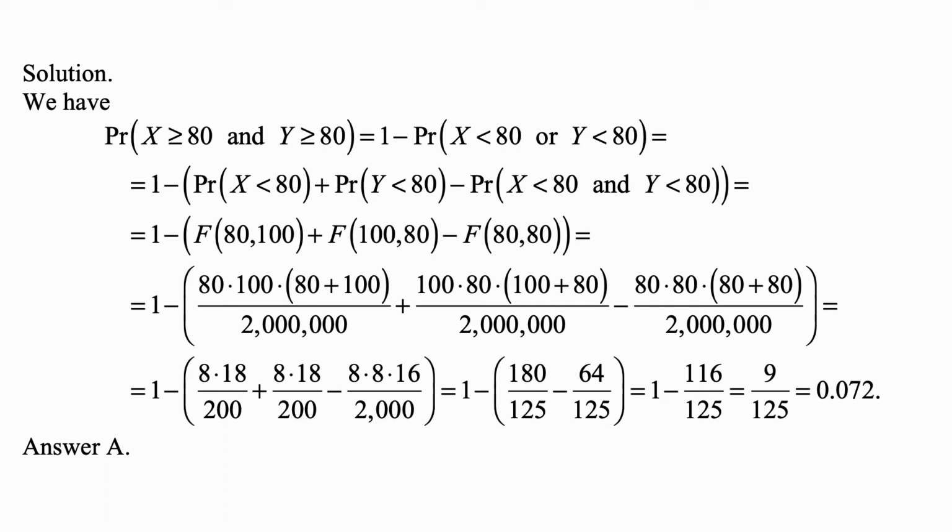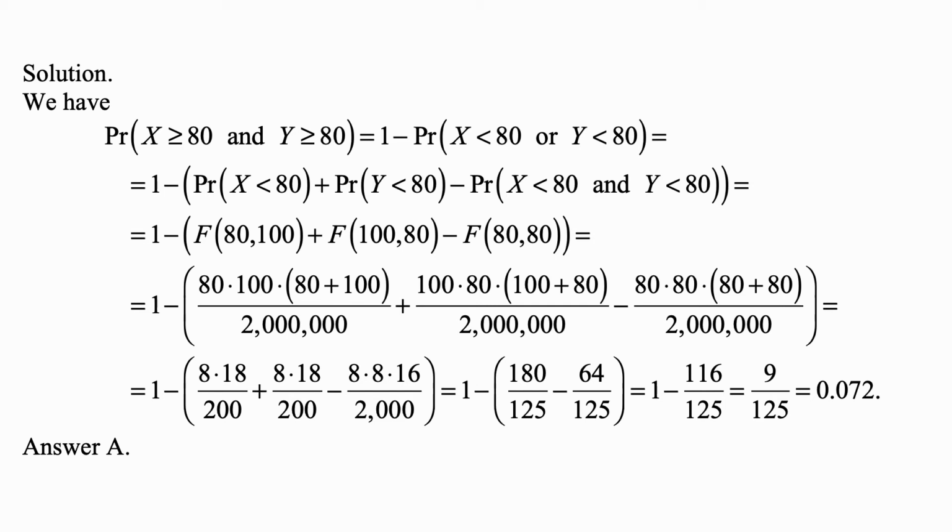And the reason why we're switching to this is because these probabilities are calculated using the cumulative distribution function, while the probability that X is greater than or equal to something and Y is greater than or equal to something cannot be easily established. Well, it can be, but the probability of the intersection is not directly given by the cumulative distribution function.